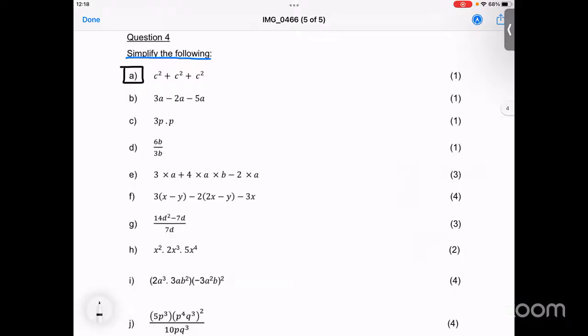So let's see. There you are given how many terms? 1, 2, 3 terms. So be careful and compare those terms. Are they the same? They look to be the same. Then you need to remember that you have a coefficient followed by that, plus a coefficient followed by that, plus a coefficient followed by that.